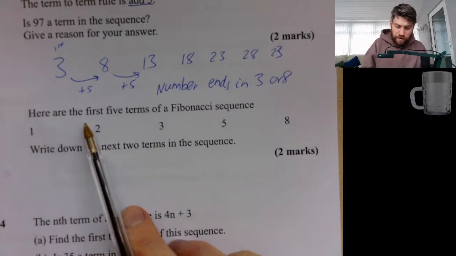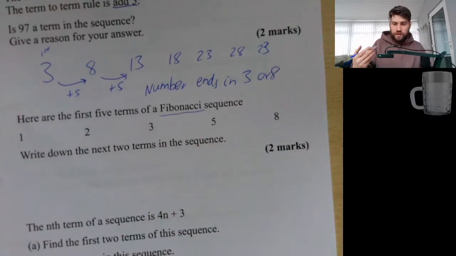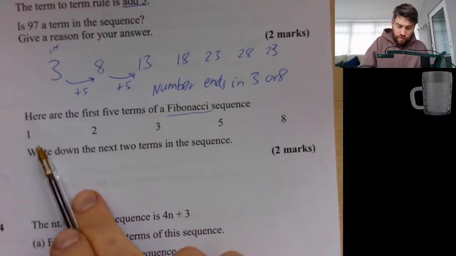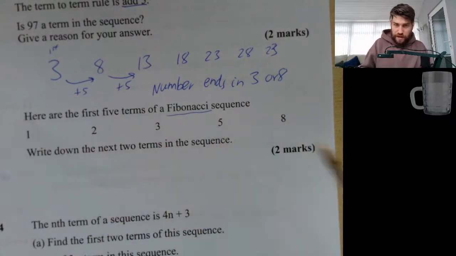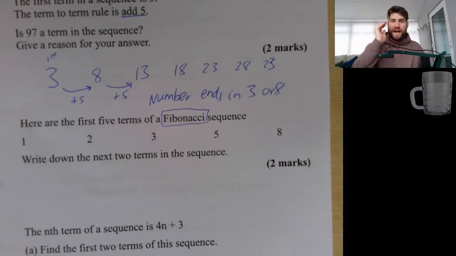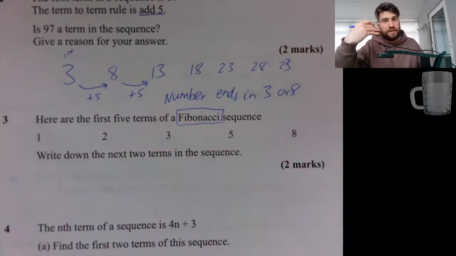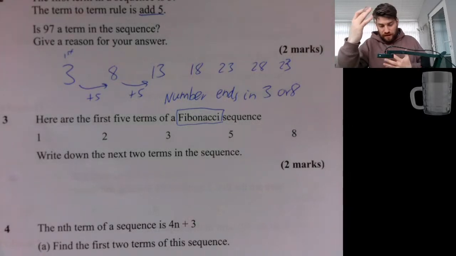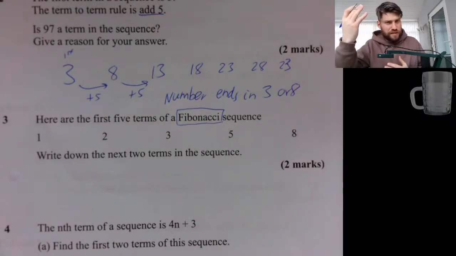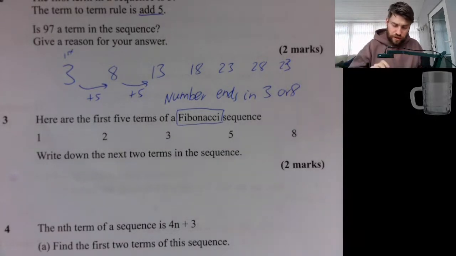Right, here are the first 5 terms of a Fibonacci sequence, okay? So 1, 2, 3, 5, 8. Right, this one, you really have to know what a Fibonacci sequence is, because if you try and work it out in the exam, you might get a little bit stressed because it's not a clear pattern unless you've seen it before, but most people have seen this, and I always teach it to my students.